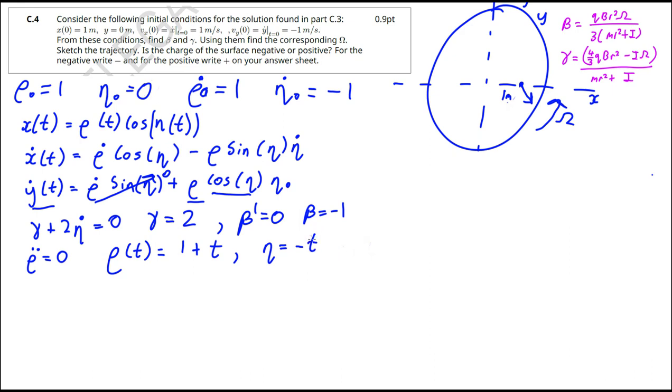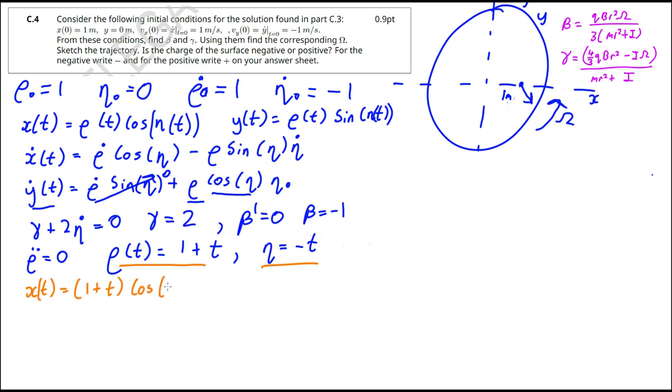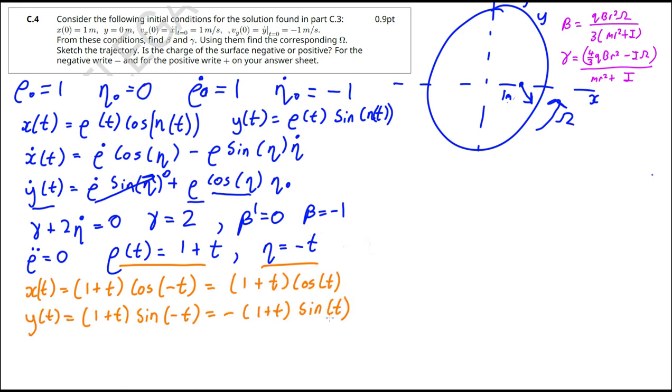So we can now substitute all of that into our expressions for x and y. Apologies that I didn't write up the y expression before, so I'll just put it up there now. So if we substitute in the functions that we've got, this one and this one, into those equations, then of course the cos of minus t is just equal to the cos of t, and the sine of minus t is equal to minus sine of t, so we get that.